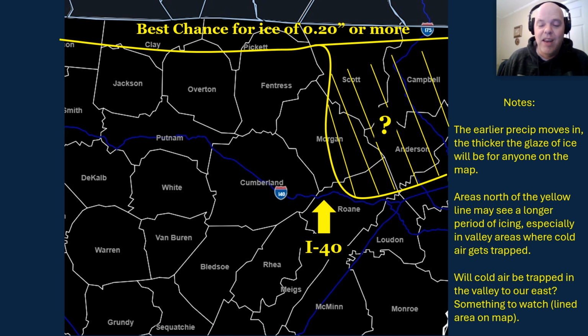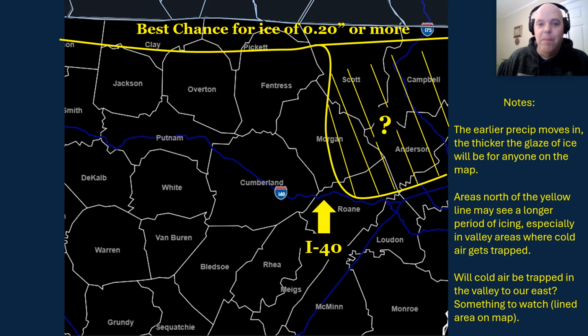So just be aware that anything pretty much along and north of I-40 in East Tennessee, that includes some of you in Morgan County and most of you in Scott County, you may get closer to that 0.2, which is awfully close to a quarter of an inch of ice, which could be more impactful. But there is a big question mark about that.